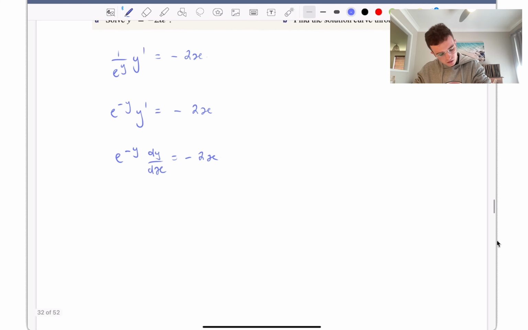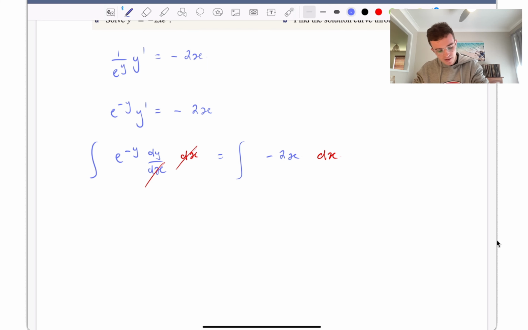And then we can integrate both of these with respect to x. We're not allowed to integrate two sides of an equation with respect to two different variables, but we can integrate on both sides with respect to the same variable.